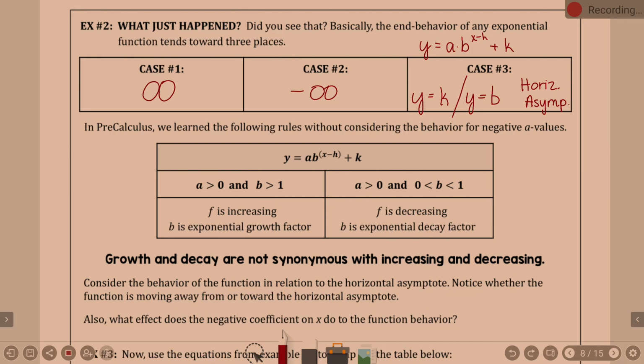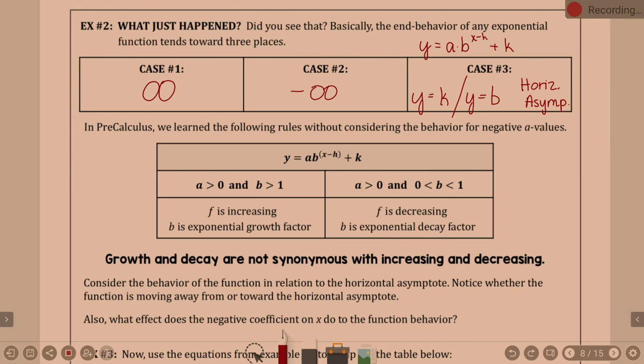Okay. In pre-calc, we learned the following rules without considering the behavior for negative a values. So again, this is where that value out front is positive, otherwise it's a reflection.